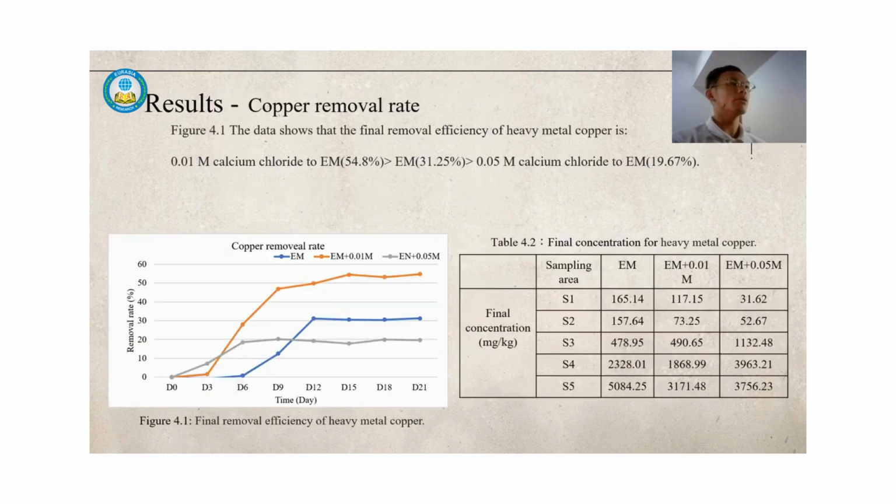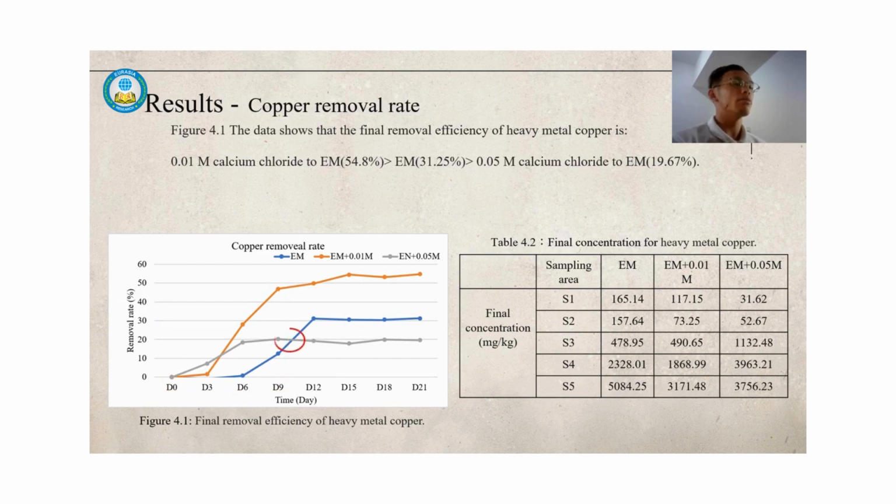The next result, let's take a look at copper removal rate. Figure 4.1 is the final removal efficiency of heavy metal copper. From this figure, we can know adding calcium chloride before day 9 is more effective than EM in removing heavy metal.